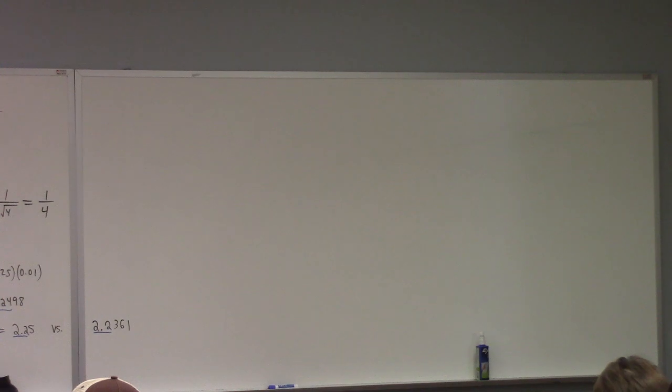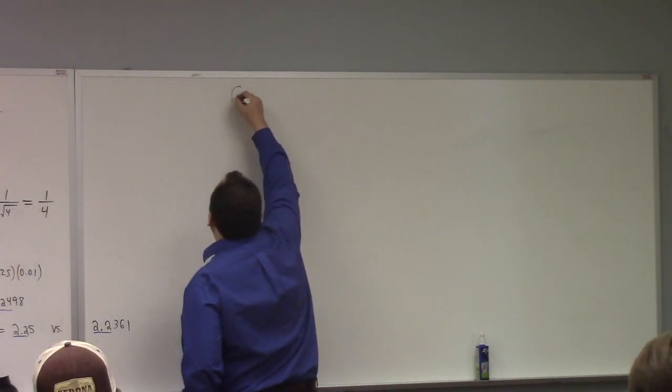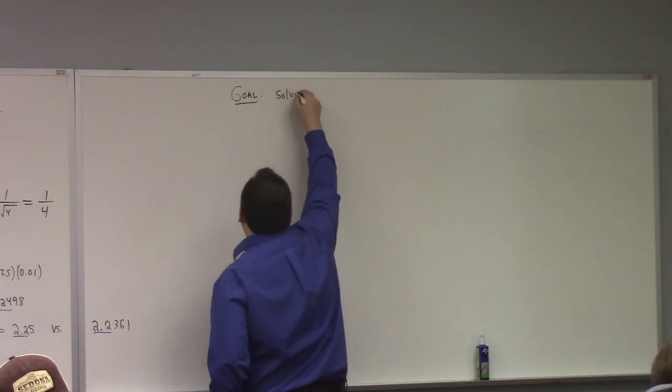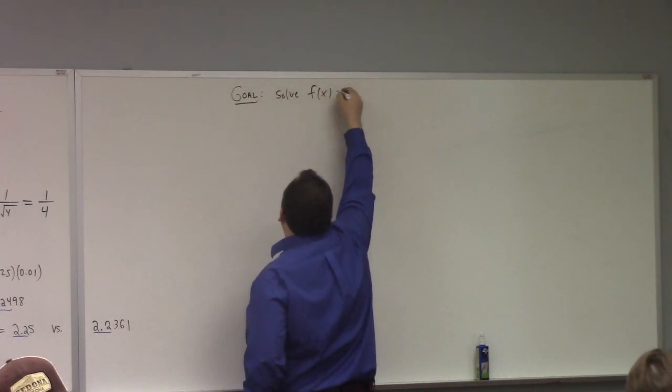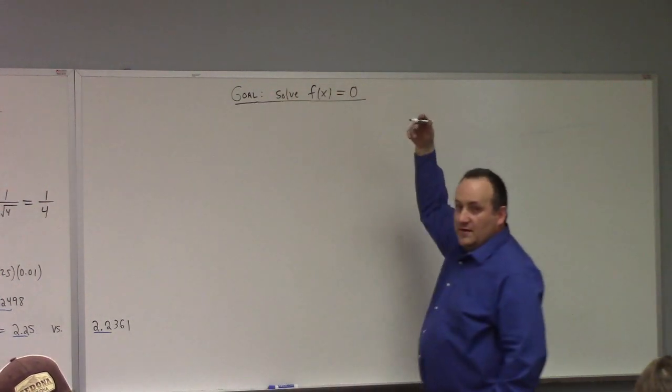A root of the function is a specific number that you can plug into the formula for the function and get back 0. So our goal is to solve f of x equals 0. That's the goal of Newton's method.